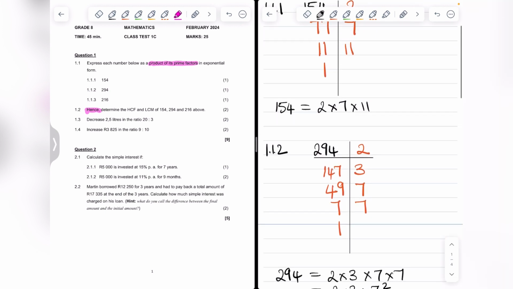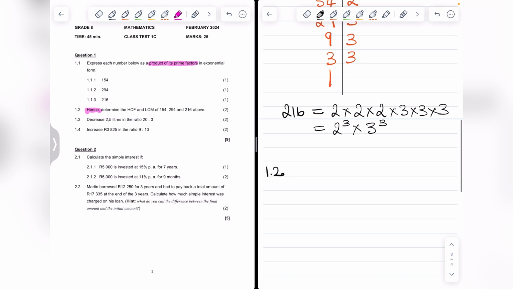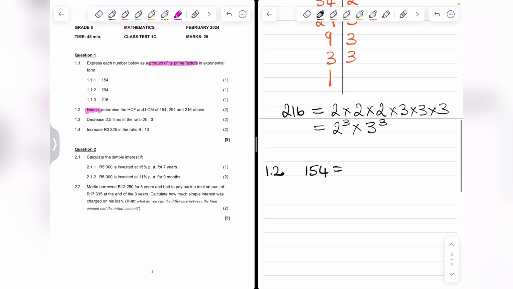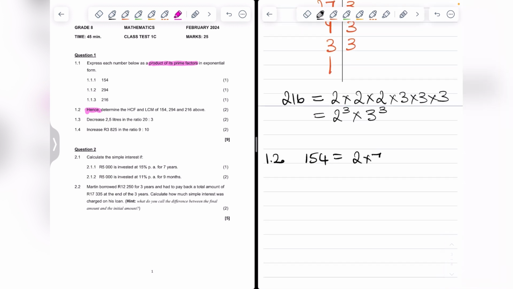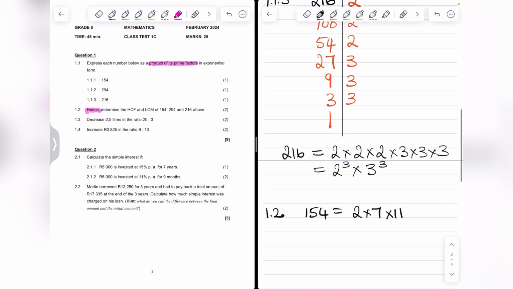So in 1.2, they want, first of all, the highest common factor, and then they want the LCM. So what I would do is just go back and rewrite those products again, so that you have them readily available over here. So 154 was equal to, what was that? 2 times 7 times 11. And then we had 294.